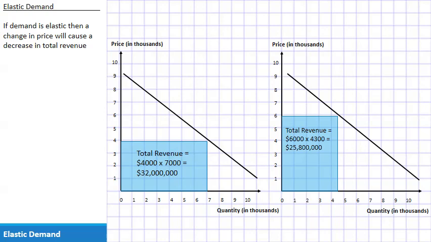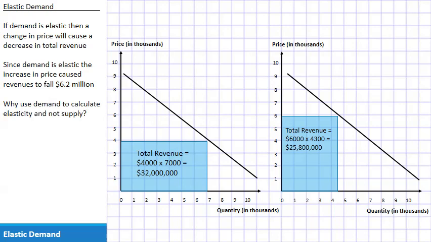So notice that when demand is elastic, an increase in price will decrease total revenue. Since demand is elastic, the increase in price caused revenues to fall $6.2 million. So in this case, it would be a bad idea to raise prices. When you operate within a market with an elastic demand, raising prices is simply not a good idea.